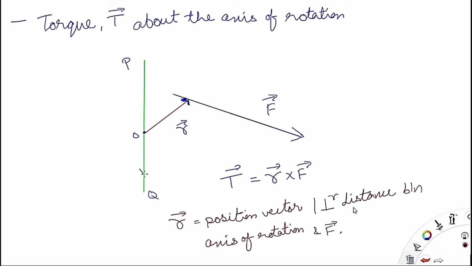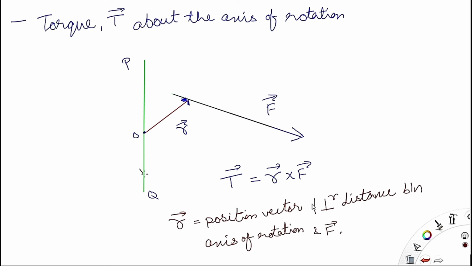Anywhere you find a torque, even in the askew lines, as we will see, the torque is taken with the perpendicular distance between the force and the axis of rotation.